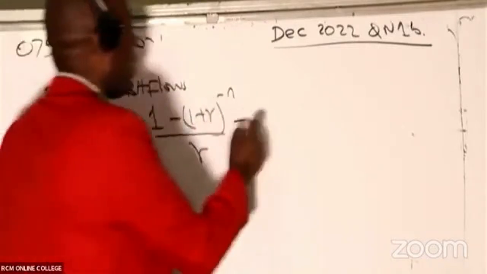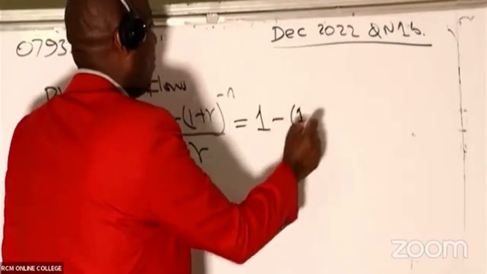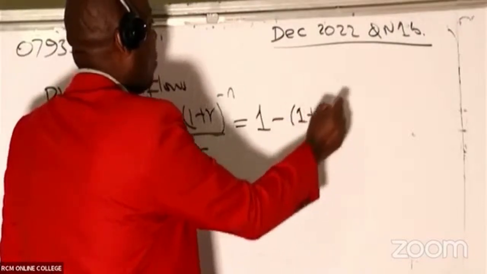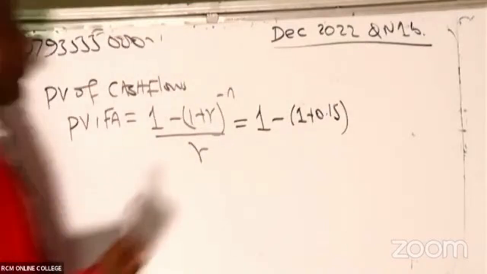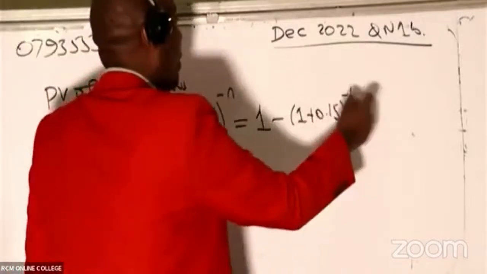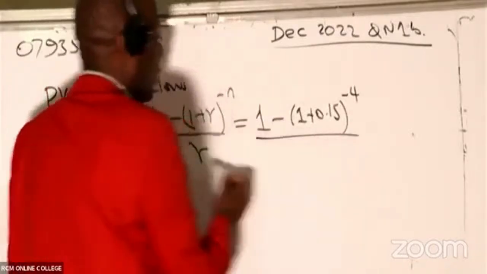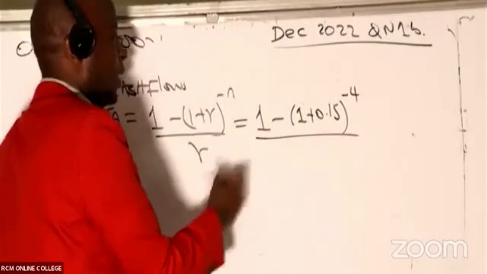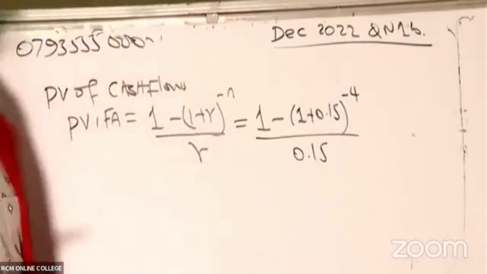So this will be 1 minus 1 plus 0.15, because 15% is the same as 0.15, raised to negative 4, since he will be receiving this for 4 years, and then everything divided by the same required return, 0.15.